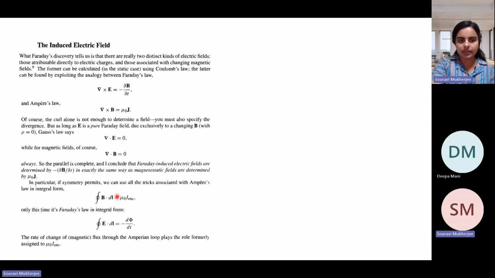So in particular, if symmetry permits, you can use Stokes' theorem and write the integral version of this. You can say that the integral of B dot dl over a closed loop is mu naught I enclosed, right? And similarly, E dot dl over a closed loop, you already know, is minus the rate of change of flux, right? So you see there's some parallel between mu naught I and the rate of change of flux, right? Okay.